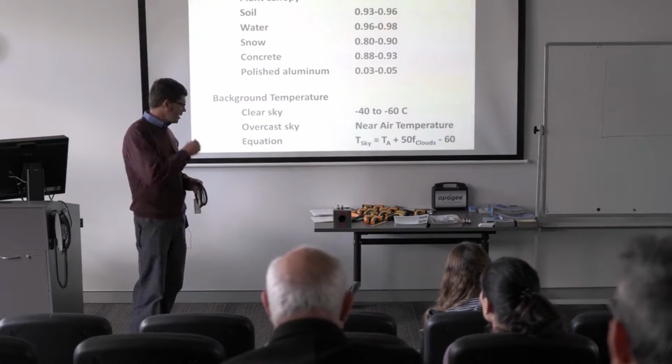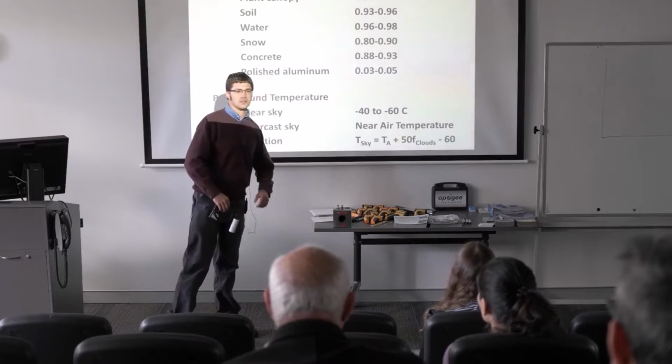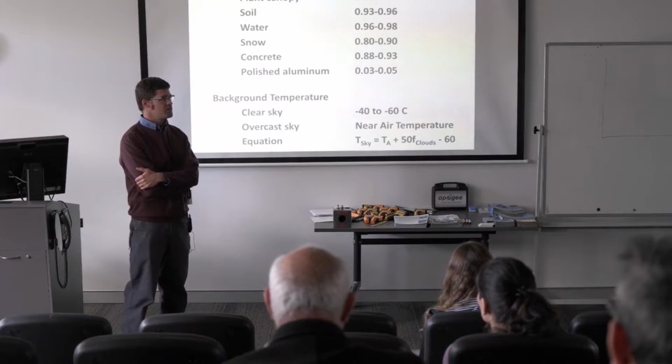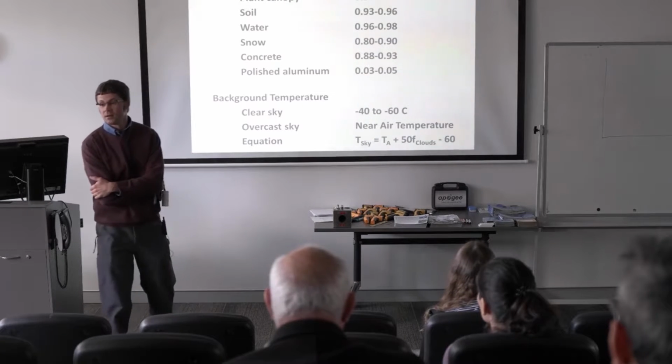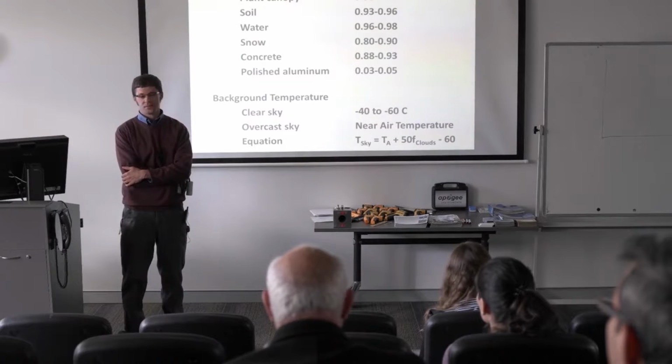So what about if we pointed at the side of the Leslie cube and measure the polished aluminum surface? What should the temperature be? What's that? 22. Yeah. Why 22? Yeah.